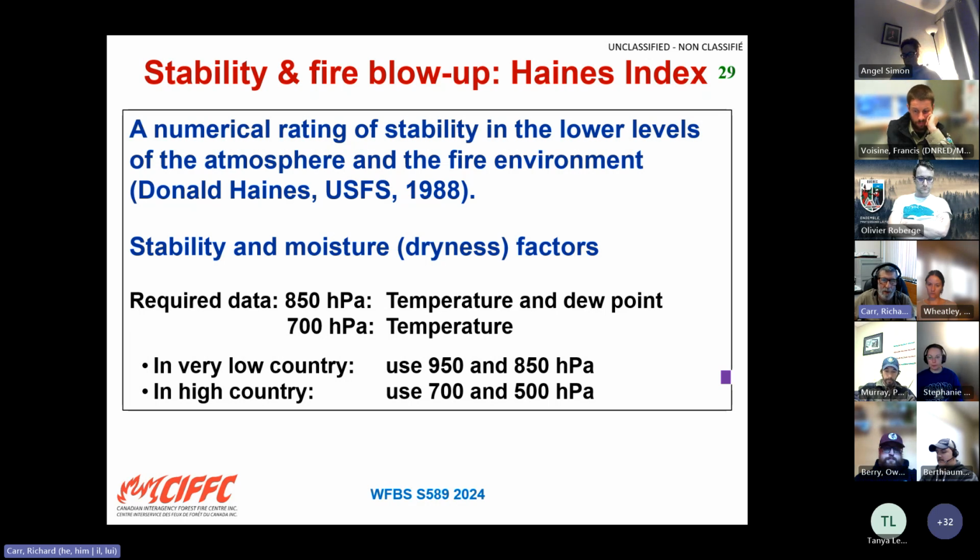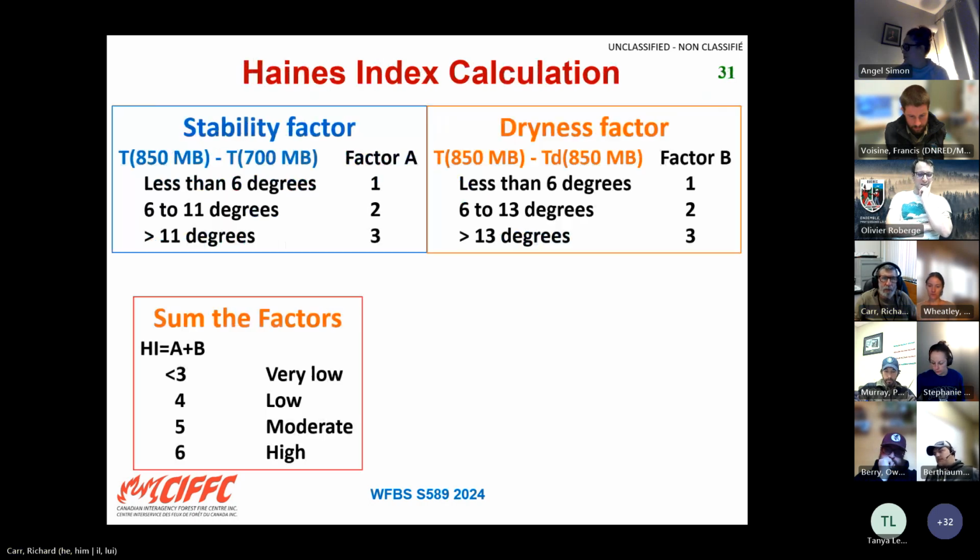There are a lot of other levels that are reported in between those, but all of these stability indexes really depend on use of those mandatory levels, so we should always be able to get those in a standard radiosonde report. Up in higher elevations, instead of using the 850 and 700, we can move up a notch and go to the 700 and 500 hectopascal levels.